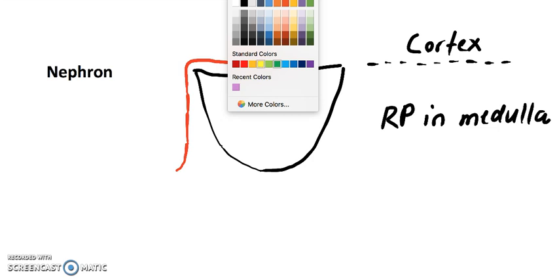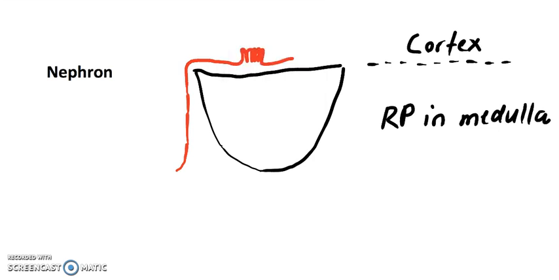And now we can start to see the beginnings of our nephron. So there would be our folded blood vessel, and we'll have a structure like this.